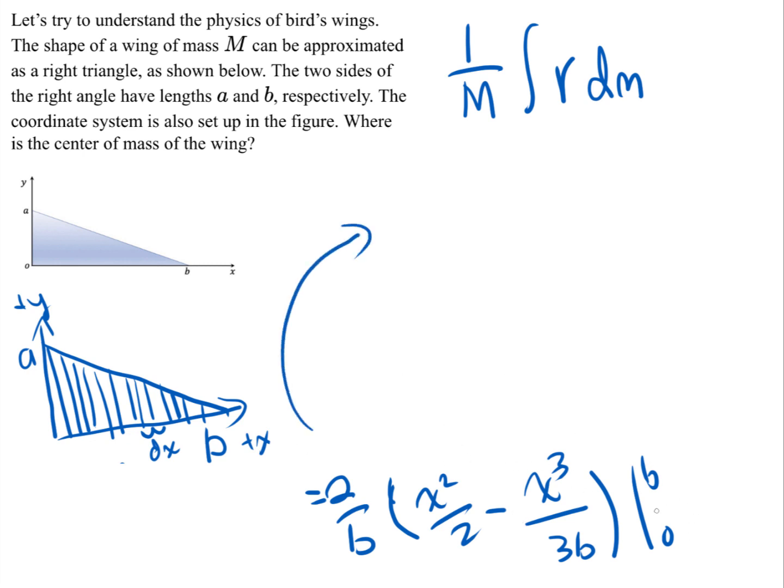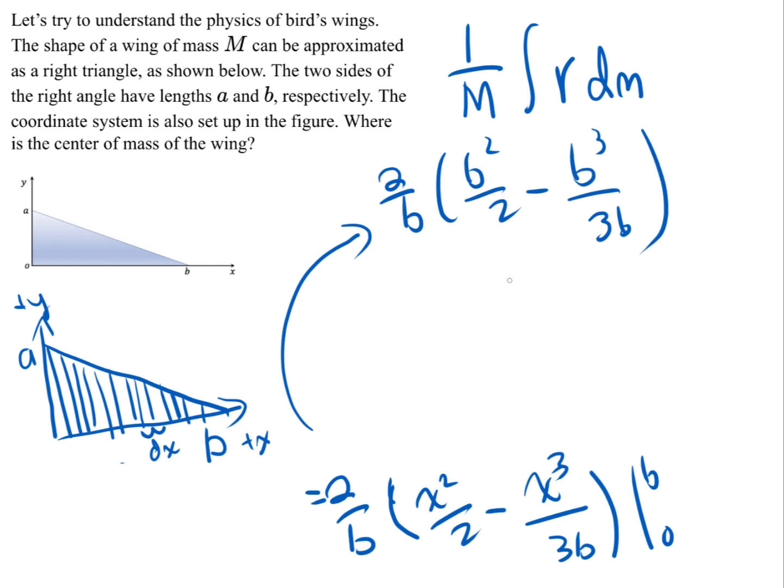If we plug in 0, this whole expression becomes 0. It's simply equal to this equation evaluated at b. So this becomes 2 over b times (b squared over 2 minus b cubed over 3b). And then we can simplify this a little bit.